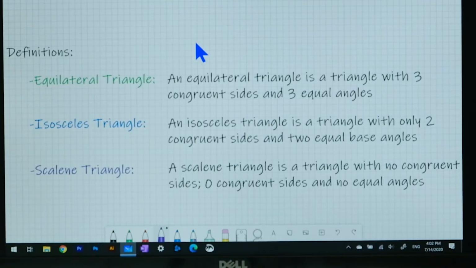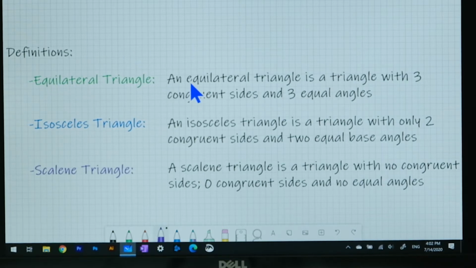Here we have some basic definitions about the 3 types of triangles I'm going to cover in today's lesson. First we have the equilateral triangle. An equilateral triangle is a triangle with 3 congruent sides and 3 equal angles. I will show you what those angles are.